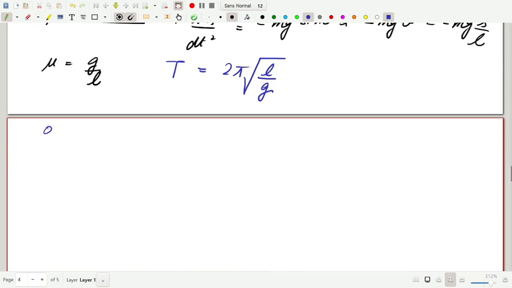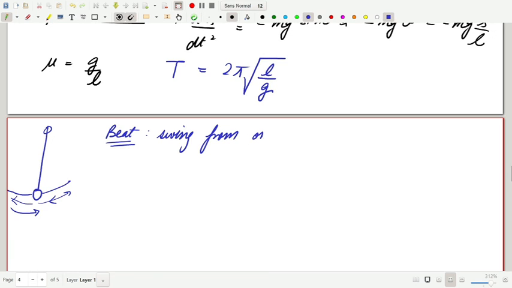Now it is like this: one complete oscillation from this, then backwards, then this, then again to this. Two times it comes. Then we say one complete oscillation. What do you mean by beat? Swing from one extreme position to the other, which is T by 2, and from this place to this only.